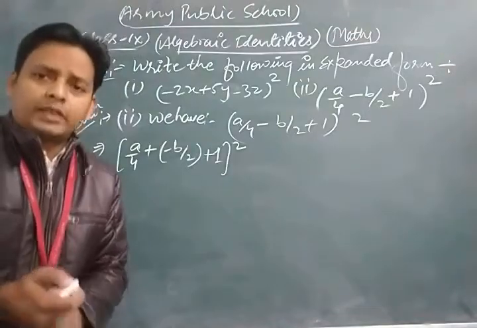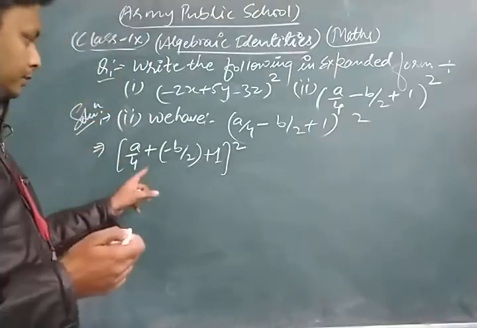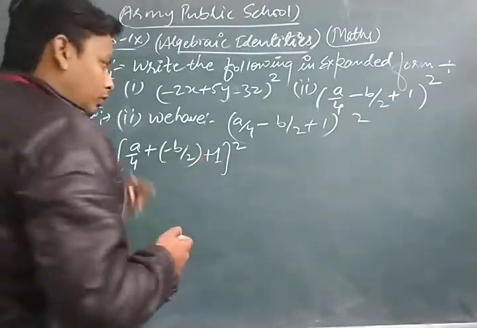Now this is the form of a plus b plus c whole square, so we expand it on the identity.